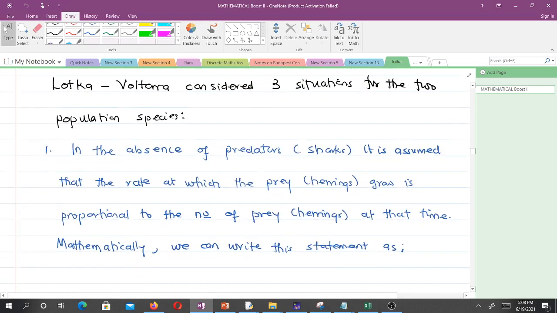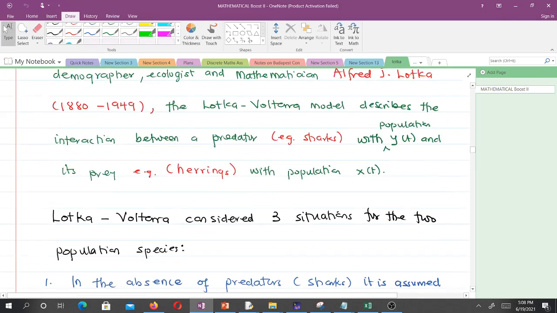Lotka-Volterra considered three situations for the two population species. We have the preys and we have the predators. The predators feed on the prey.